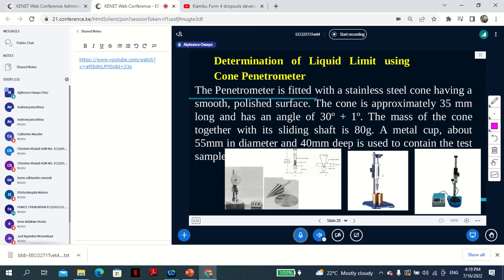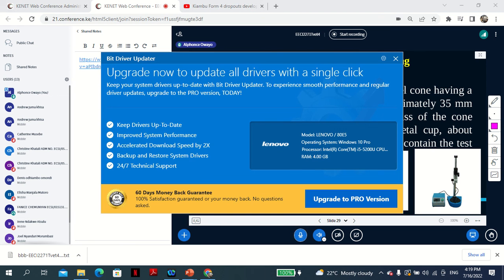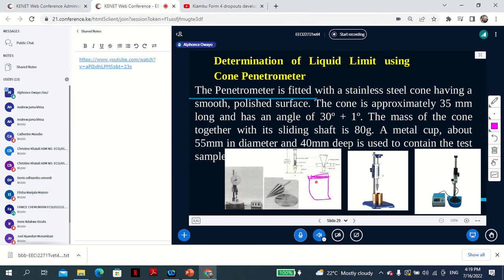Let me draw a better cup. You put the soil inside the cup to the brim, just like in the Casagrande case, so that it fills the cup.